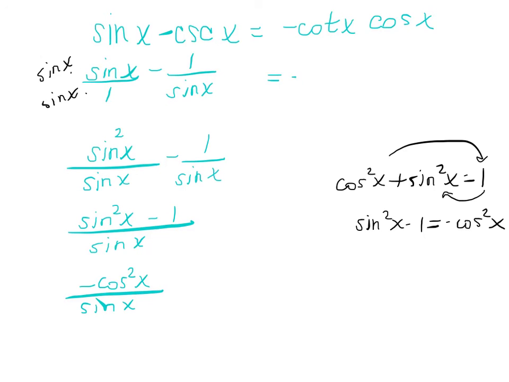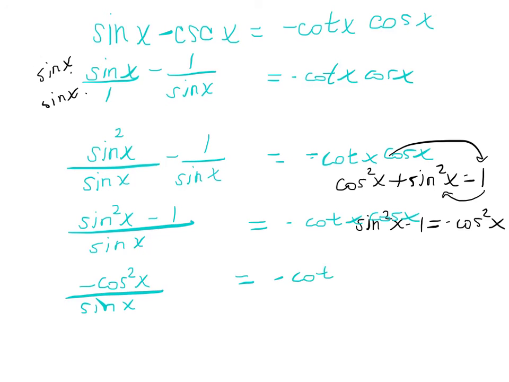So how does it help me get to negative cotangent x cosine x? We have to be really creative in doing this. And we have to understand what it means to multiply things together. And so let me show you what we can do. I can think of this as negative cosine x times cosine x over sine x.